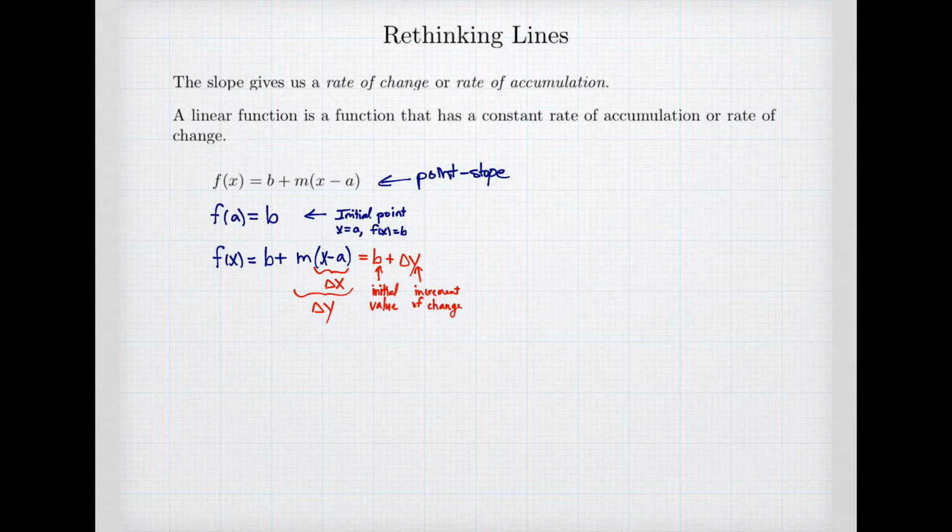So this is how I like to think about what a point-slope formula is doing. It's really powerful. We're going to generalize this, instead of just being a constant b plus m times x minus a. Our goal is to understand how this increment of change generalizes for more complicated situations.